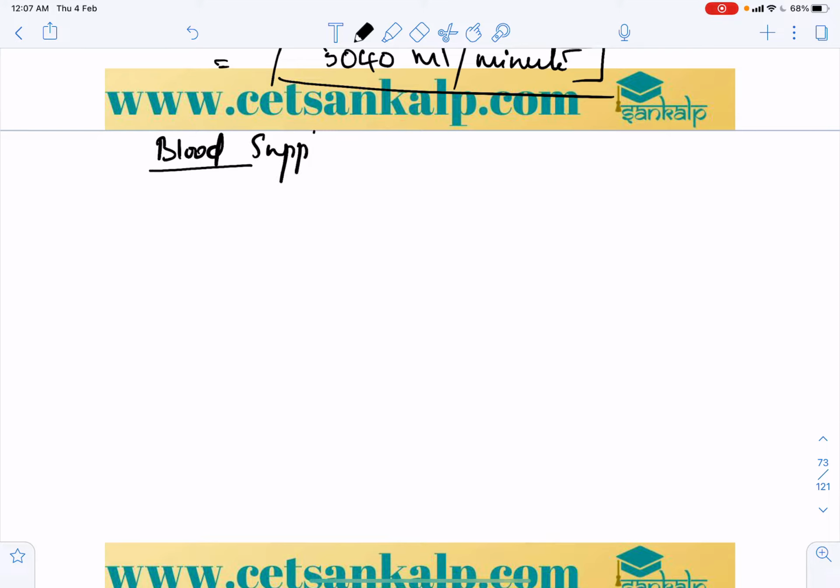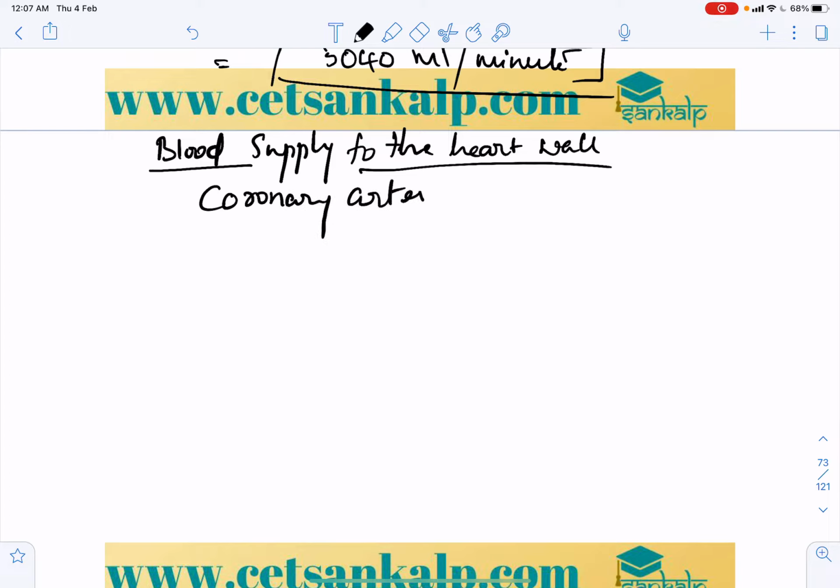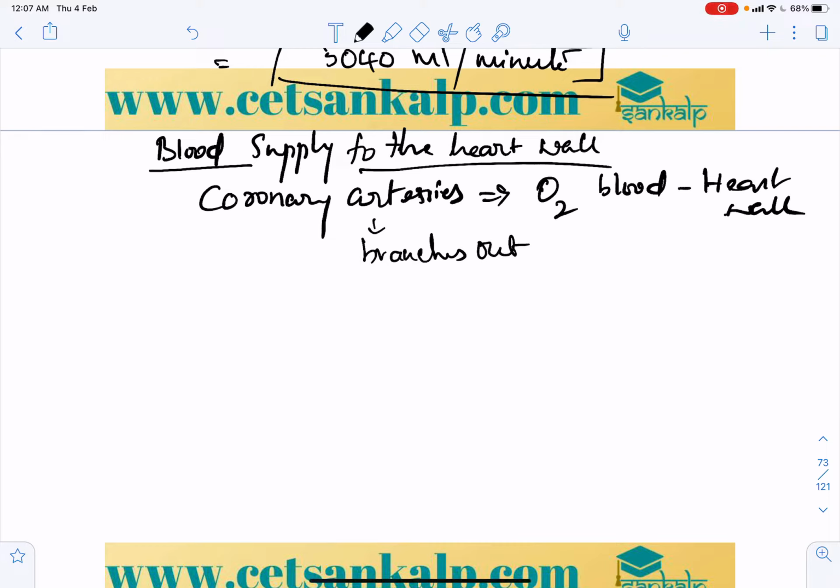The blood supply to the heart wall mainly includes the coronary arteries and the coronary sinus. The coronary arteries supply oxygenated blood to the heart wall, and these arteries form branches out of the aorta.